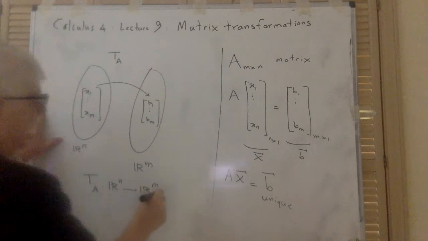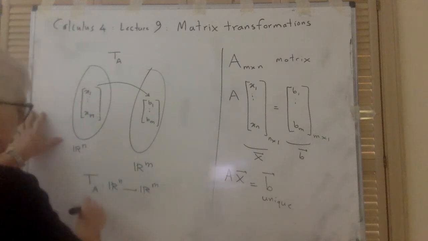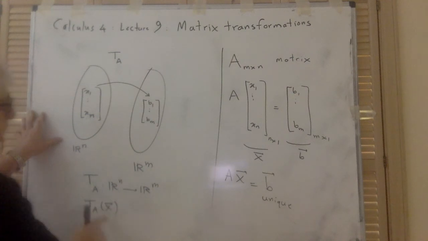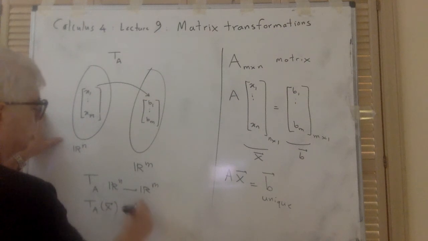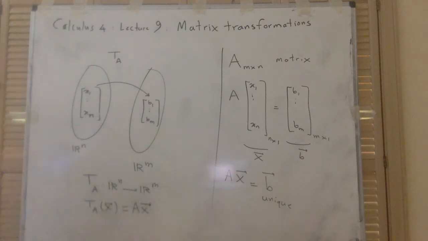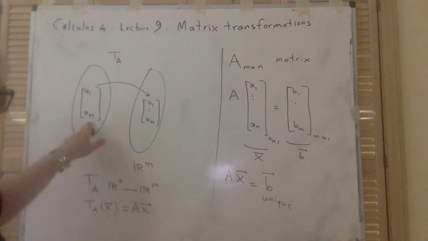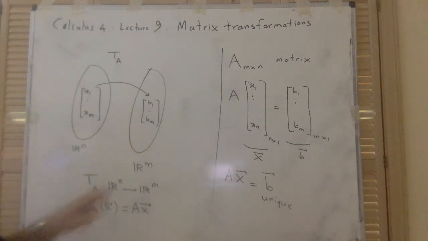And this TA is defined as a function that takes x to Ax. Remember, A times x is a vector here. So it takes this x into a vector in the codomain.